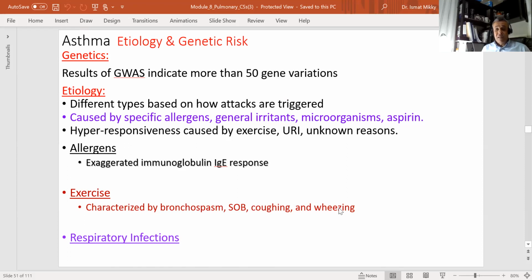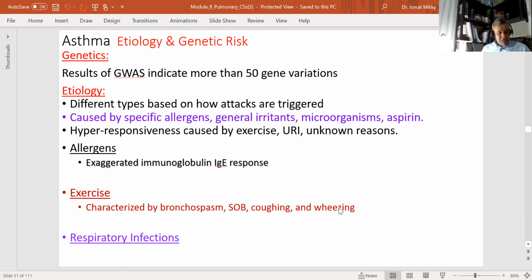So it may alleviate some of these asthma symptoms or manifestations, especially the wheezes, the bronchospasm, and the difficult breathing.